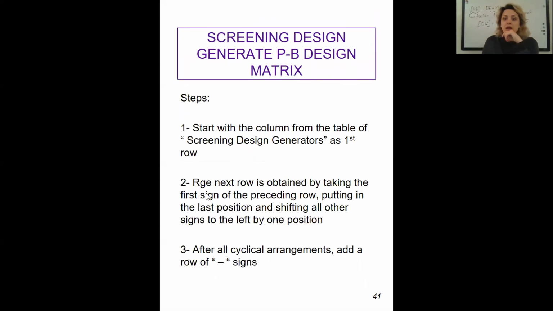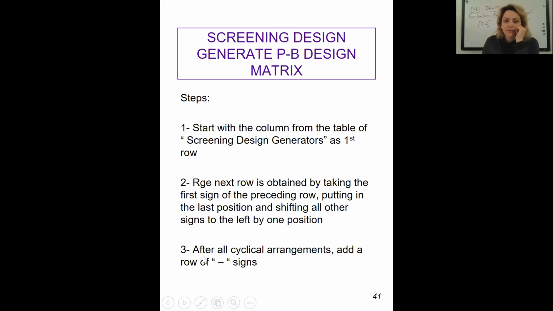And then make your next row, which is obtained by taking the first sign of the preceding row, the row that you had before, putting it in the last position and shifting all other signs to the left by one position.